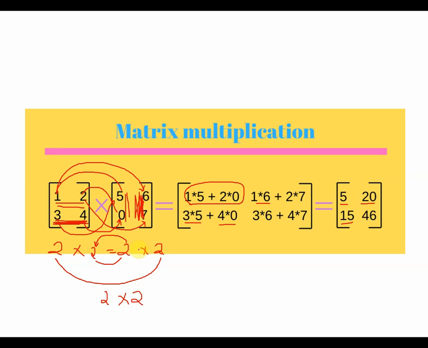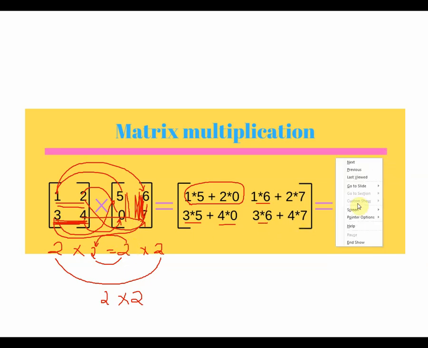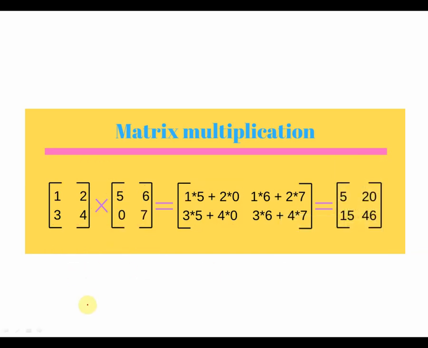So what is the second column? Let's do that now. 3 into 6, which is 18, and 4 into 7, which is 28. Okay, so I'll just clear off everything. That is how it works. So 18 plus 28, you get 46. Alright.